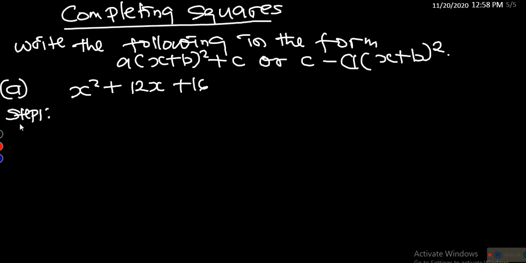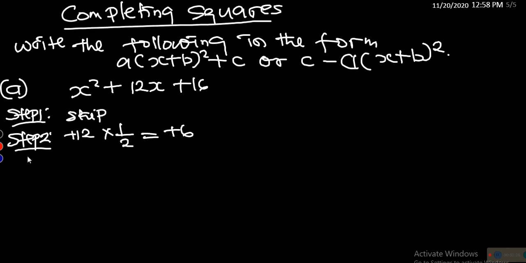Step 1, the coefficient is already 1, so we'll skip this step. Step 2, we take half of the coefficient of x. So 12 times 1 over 2 will give us 6. Then step 3 is to square the half, 6².